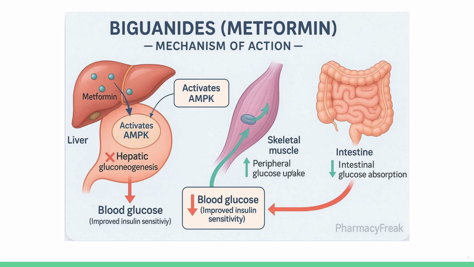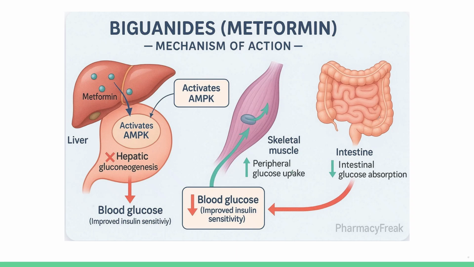As a result, due to the action of metformin or biguanides, the blood glucose level will decrease and that will result in a decreased intestinal glucose absorption and increased peripheral glucose uptake in the case of skeletal muscle.